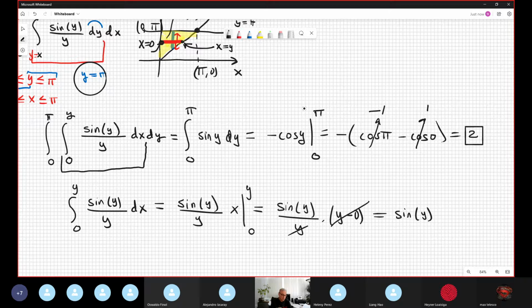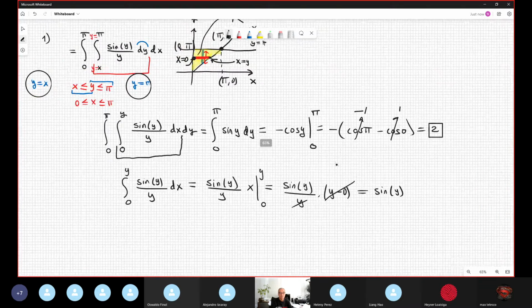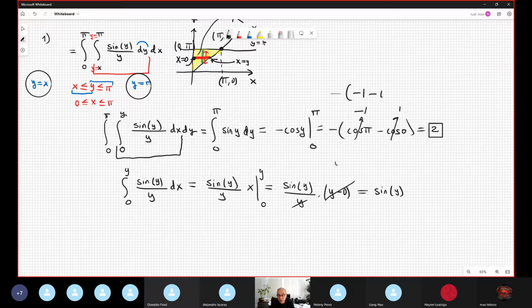End of the story. Any question? Easy. I remember I did this before, but this is a classical example. So negative 1, negative 1, then negative 2, positive 2.